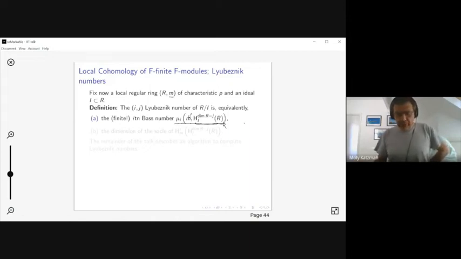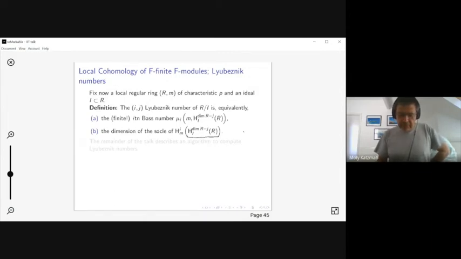And one way to convince yourself that this number is finite is by looking at the second equivalent definition of this, which is the dimension of the socle of the ith local cohomology with support in M of this complicated local cohomology module.